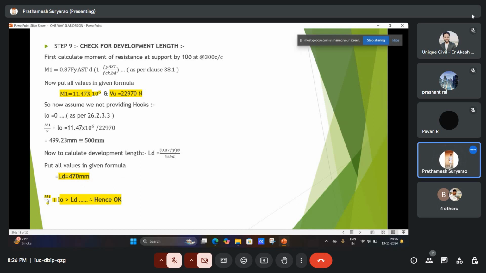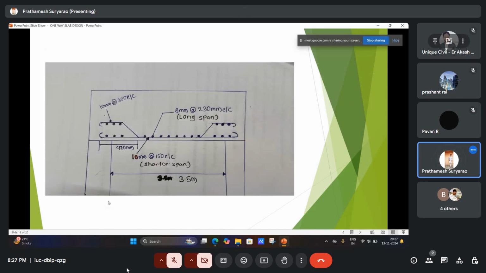So M1 upon V plus L0, which is this value, is greater than the development length value which we got. Hence it is okay, the structure is safe. Now we will see how the diagram will be drawn. The values of 10 mm dia at spacing 150 center to center, which we calculated for the shorter span.